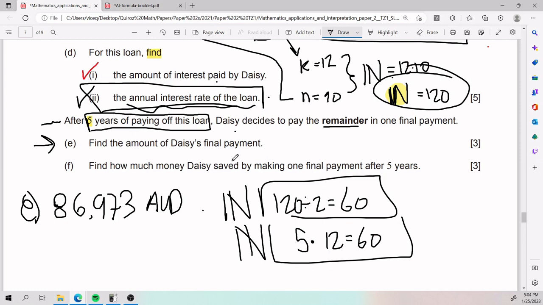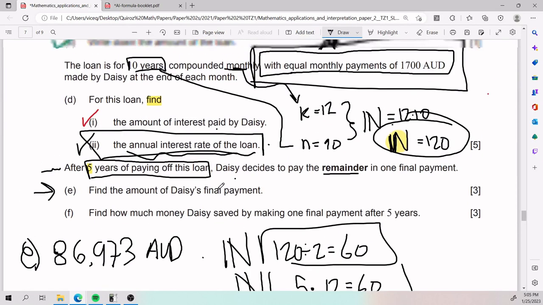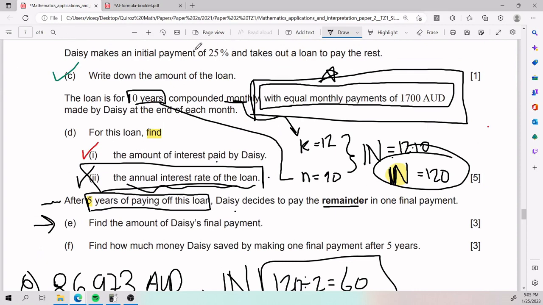For part F, we need to find out how much money Daisy saved by making one final payment after 5 years. The first thing we have to figure out is how much Daisy has to pay in interest in total and compare that to her paying everything right now immediately. So here we have to go a little bit back in time. If we see here for part D, part I, we have the amount of interest paid by Daisy.